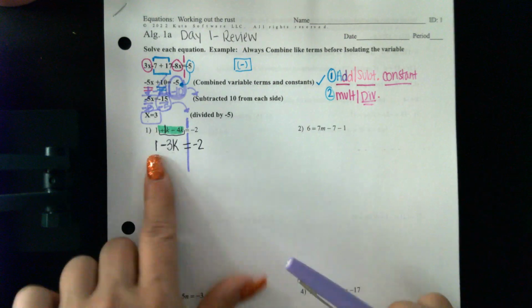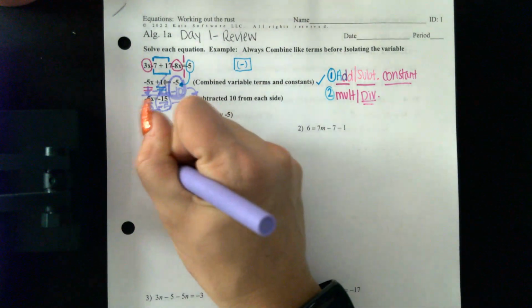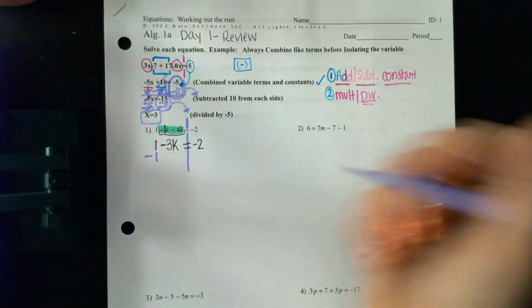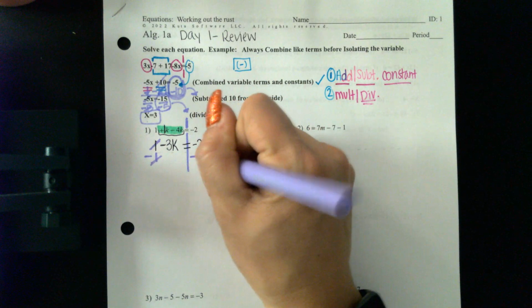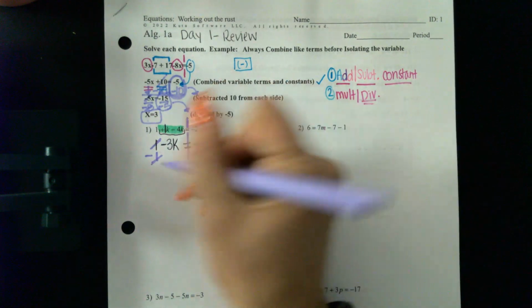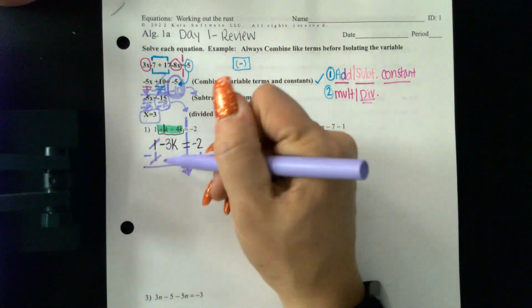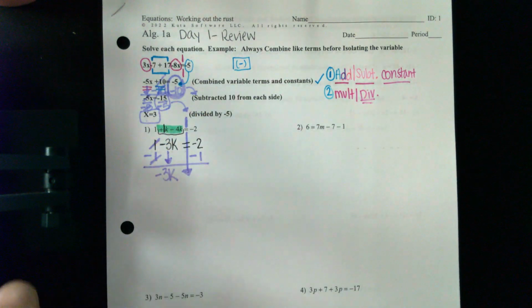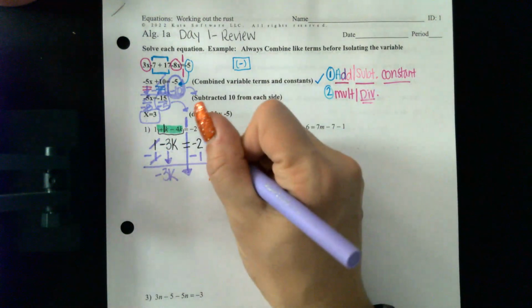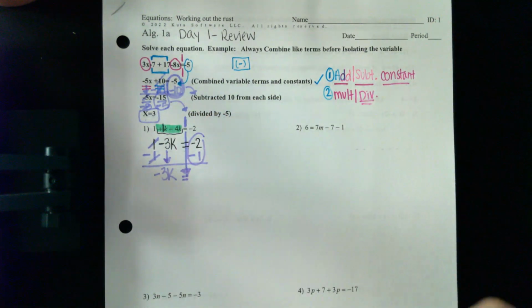How do you get rid of a +1? Subtract. We're going to subtract 1 from this left side, and if I do that on the left, I have to do it on the right. So you put a -1 under both sides. This -3k drops down, and the equal sign also comes straight down.